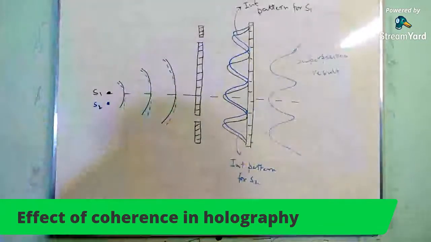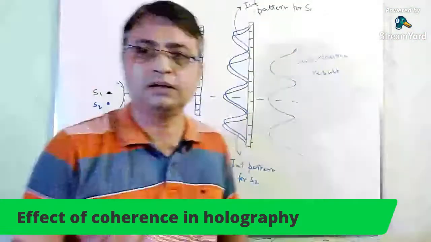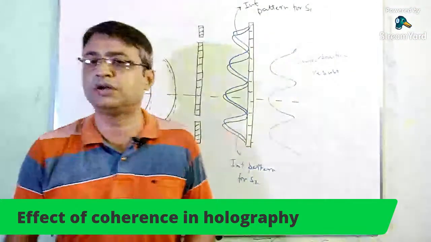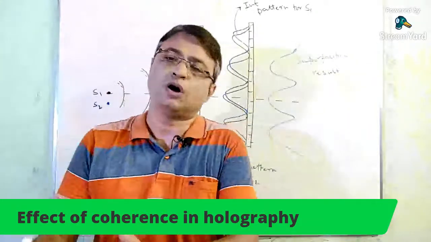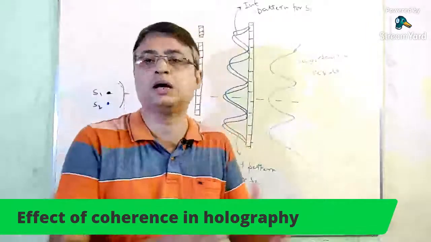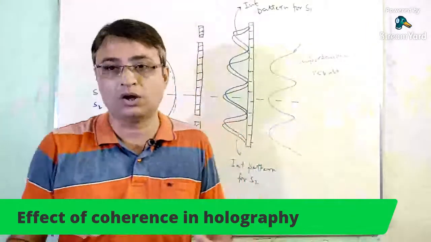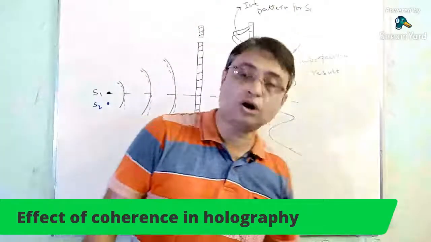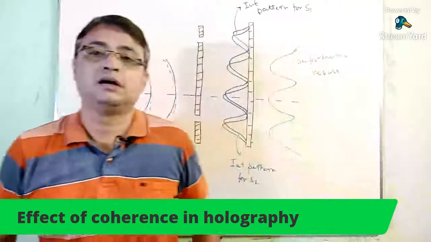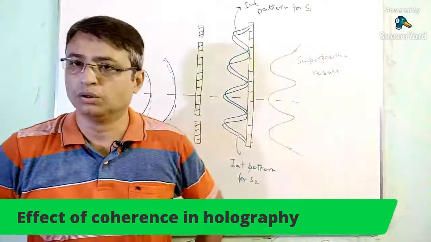This is the simpler form of explanation, the construction procedure and reconstruction procedure. These are only simplified forms of how construction of a hologram and reconstruction are done, and this is not all of holography. But in this lecture and in this syllabus, this is all about holography.